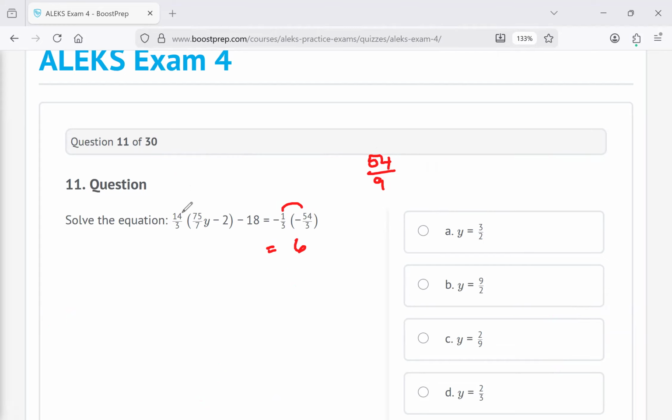And then over here, oh, I see my mistake. I multiplied this 14 thirds by -18. That's a big no. So let's do the process again. What's 14 thirds times 75 sevenths y? That is going to be 1050, over 21.